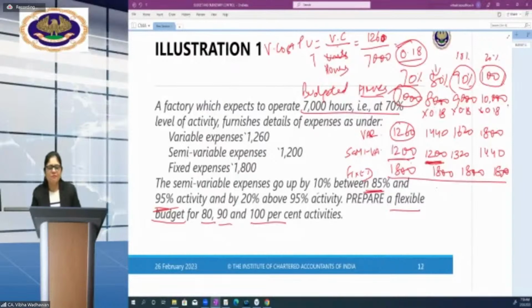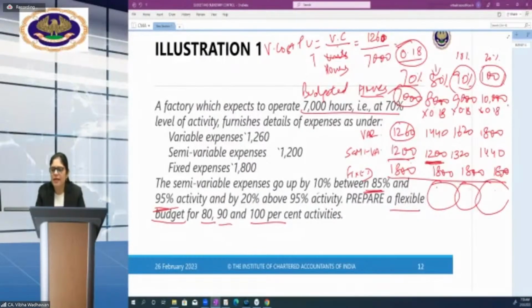This is the flexible budget we have made for every level of activity. Whatever the level of activity, the flexible budget gives us an estimate of what the cost should be. It's a forecast that at this percent level of activity, this should be the cost.